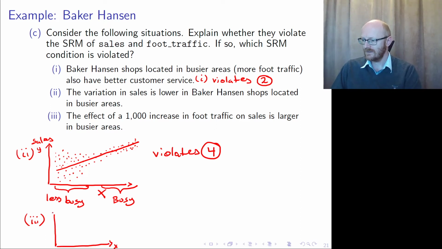So this is X and this is Y. So if you have a large effect in a busy area and not so large in a less busy area, you see that the line is not linear, right? Because the slope for the busy area is larger than the slope for the less busy area. So this violates number 1, the linearity.